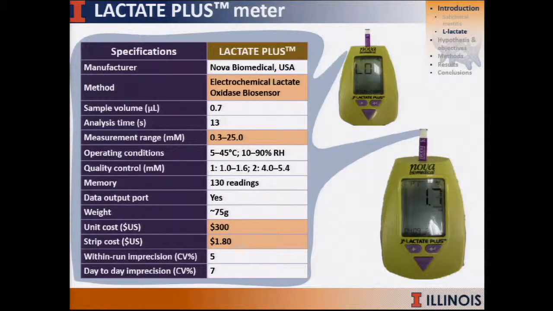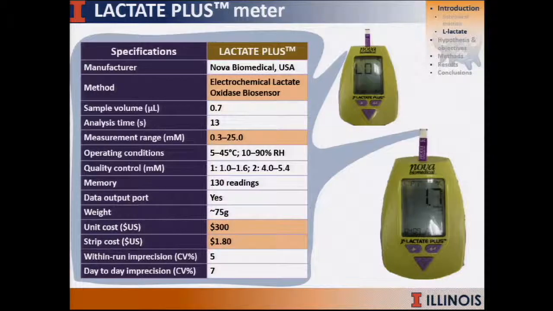In the last few years, several handheld meters have become available in the market for monitoring plasma lactate concentration, used for evaluating physical performance and optimizing training protocols for athletes. One of the most popular meters used in the United States is called Lactate Plus.